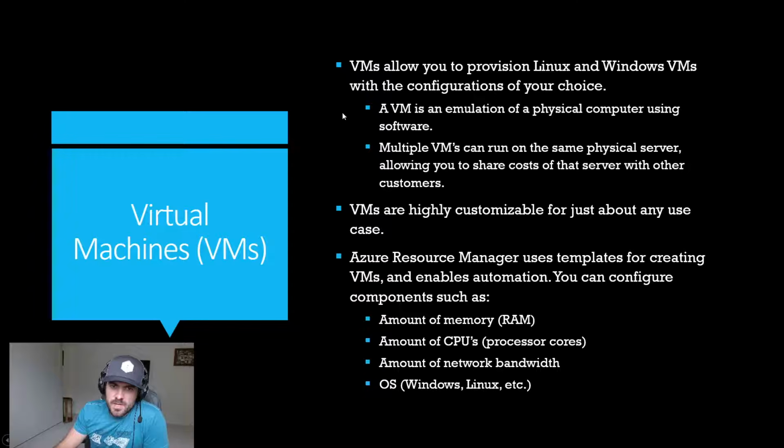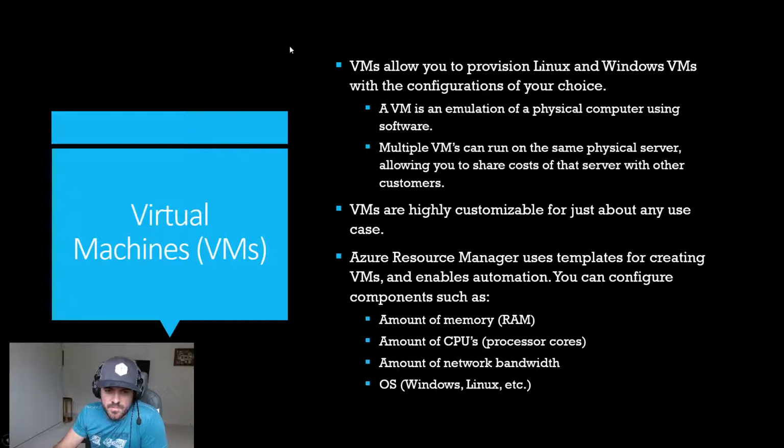A VM is basically an emulation of a physical computer using software, so it's like using a computer without actually having that computer in front of you. Multiple VMs can run on the same physical server, which is what allows us to share the costs of that server with other customers. VMs are highly customizable for just about any use case that you could potentially think of or need them for.